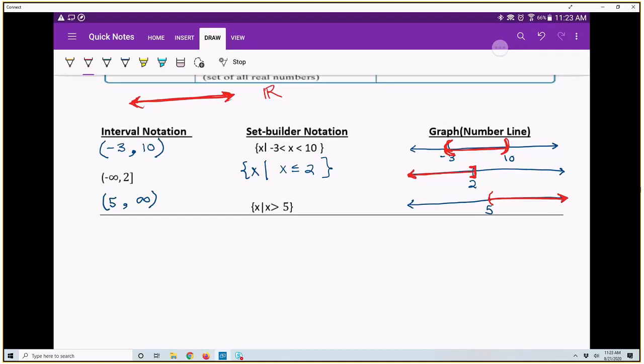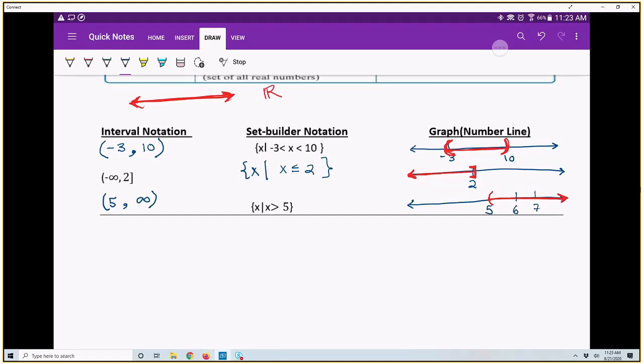So when you're working with interval notation, if you're not sure, I think drawing this simple picture of the number line is actually very helpful for understanding what numbers we're actually talking about. When we say x is greater than 5, what numbers are we actually talking about? Well, we're talking about, of course, 6, 7.